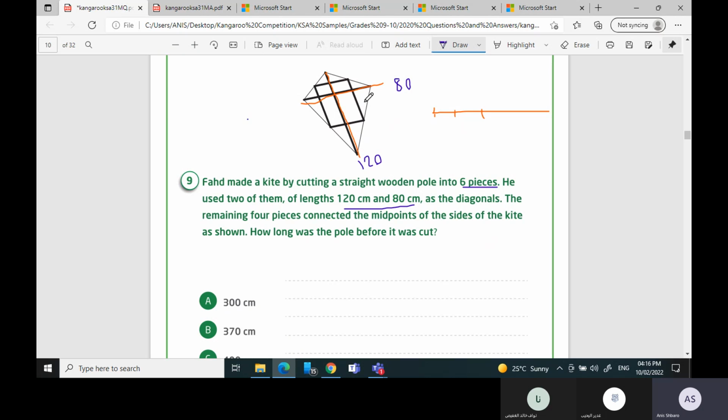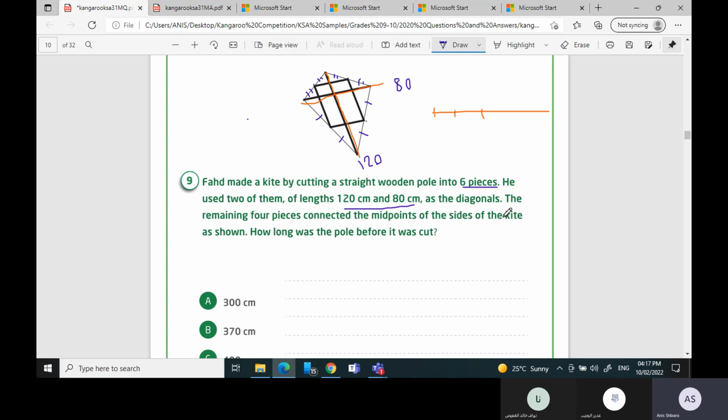As I can see, this side will be equal to this side, and this side equal to this side in length, of course, and this side equal to this side, and this side is also equal to this side. This is because this is the midpoint, this is the midpoint, this is the midpoint, and this is finally the midpoint.